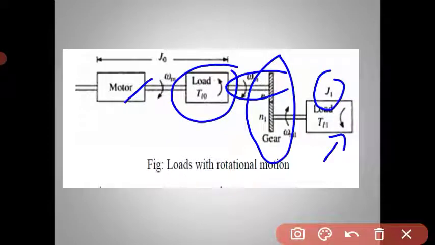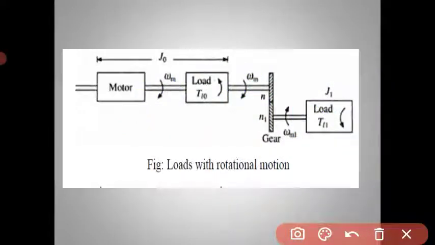I repeat, the motor is directly coupled to one load, that is TL0, with a speed omega m. The direction is clockwise, and load torque will always be opposite to the motor torque, and J0 is the moment of inertia.